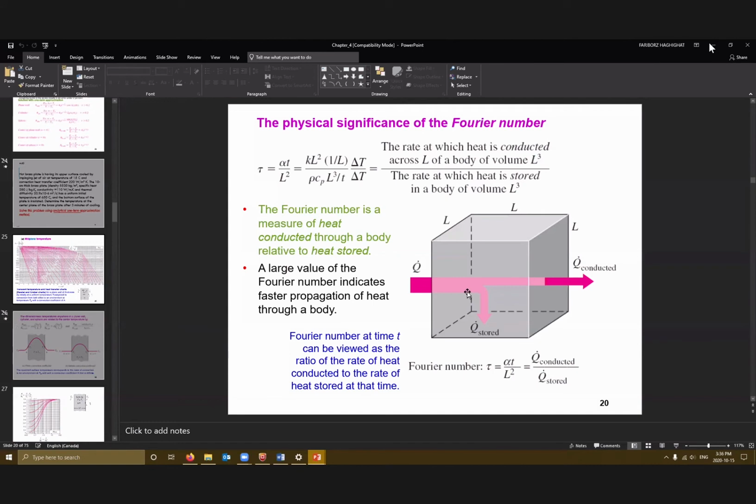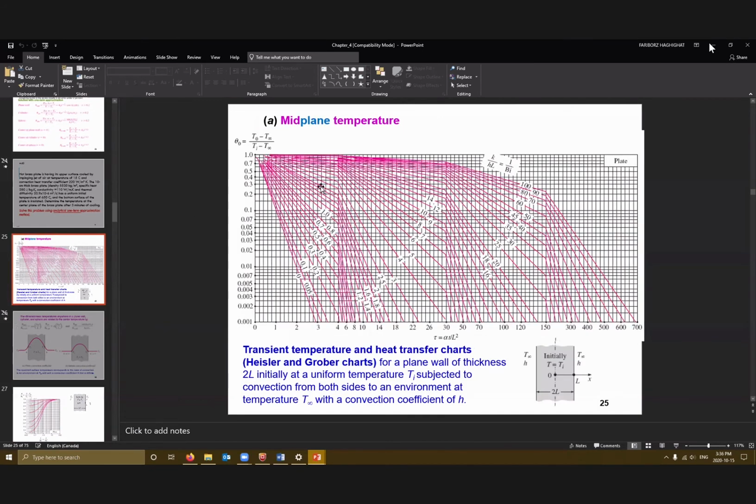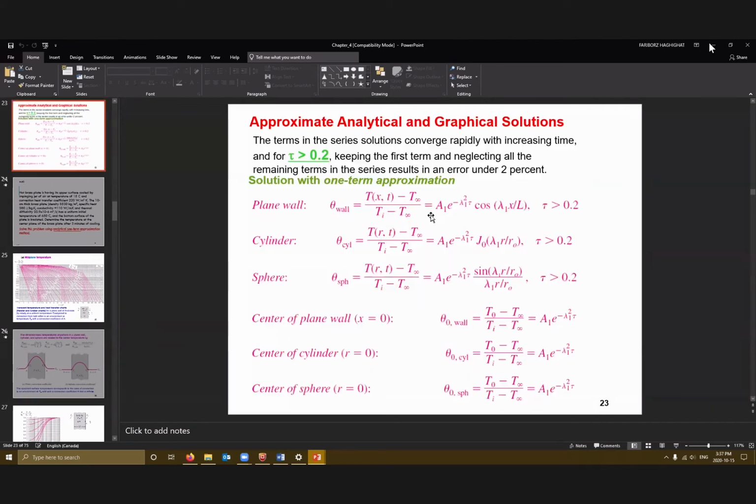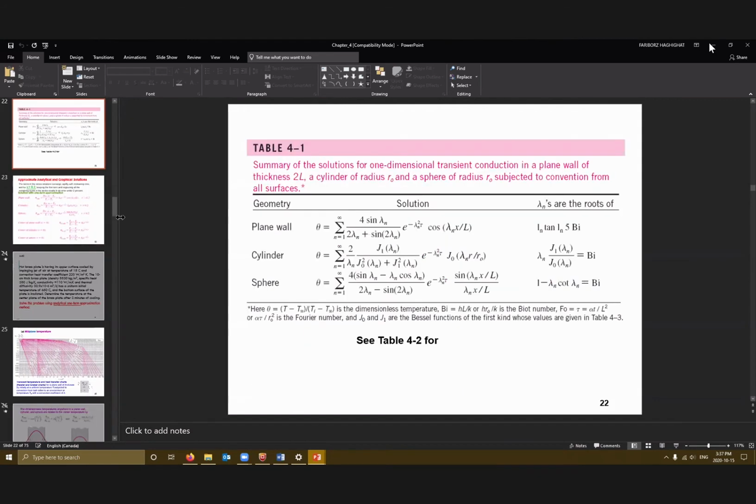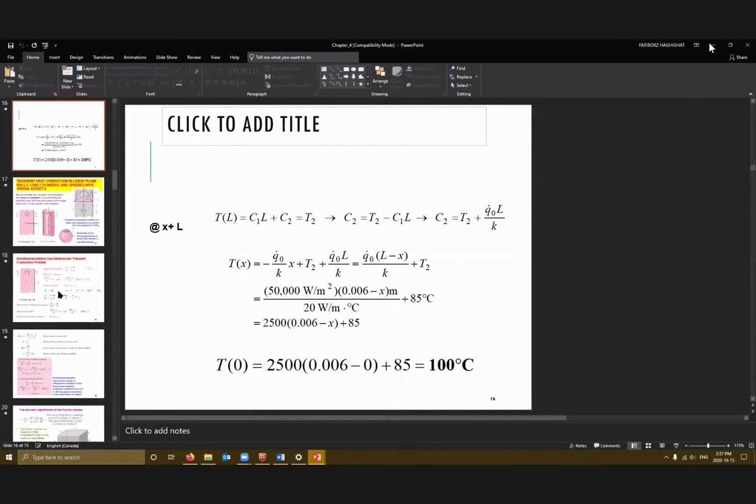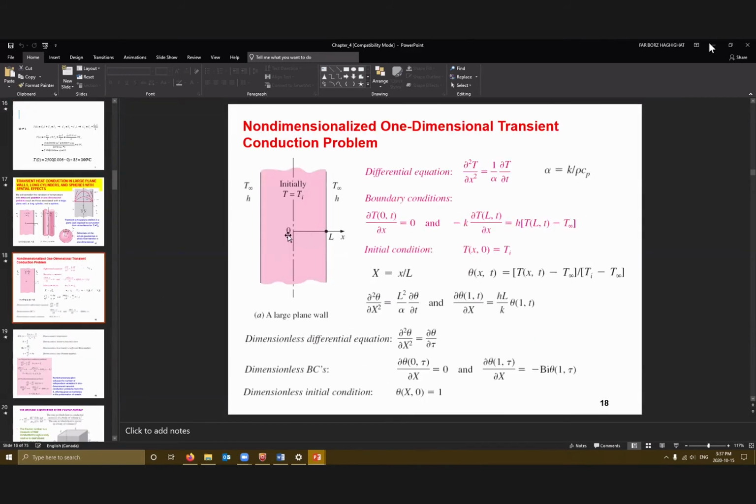We were able to use this graph, or this equation, to find the temperature at the center or at any point. Therefore, this solution we developed was all based on the symmetry assumption we made here.